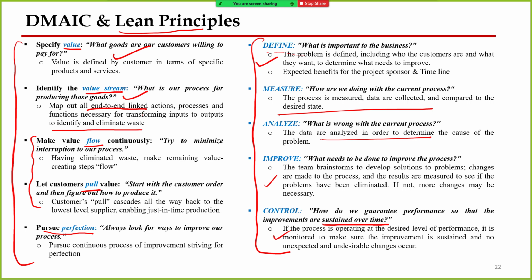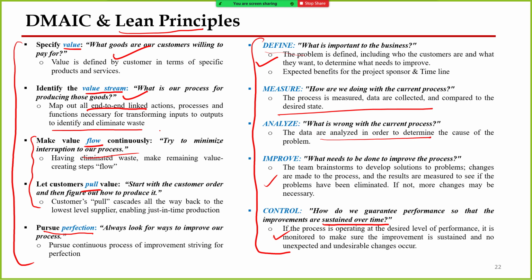So we are trying to maximize the flow of that particular object through the process, which means we are trying to minimize the interruptions. When we say minimize the interruptions, we are talking about minimizing the wastages, minimizing the non-value added activities.